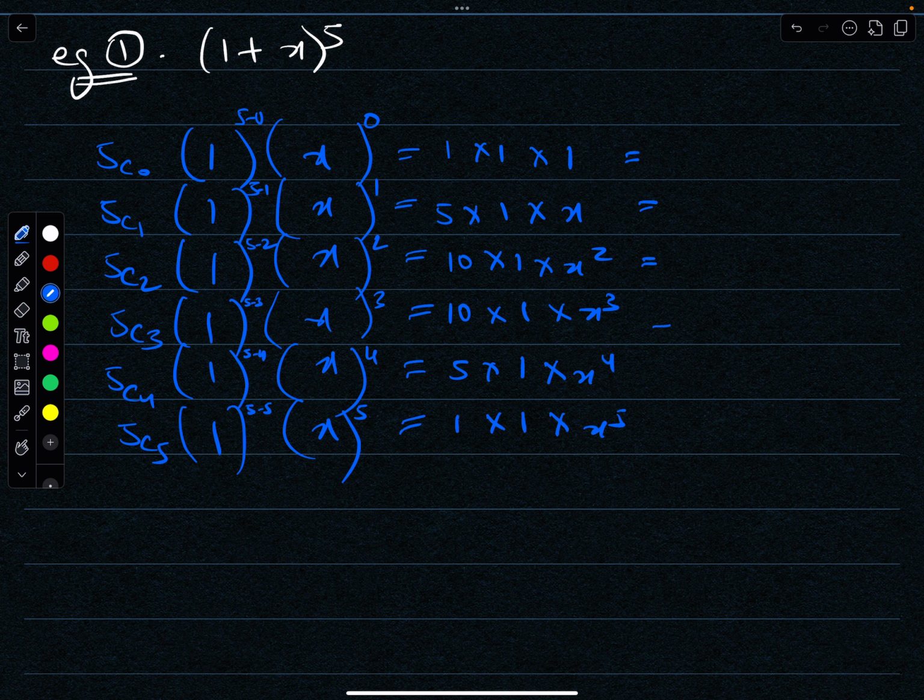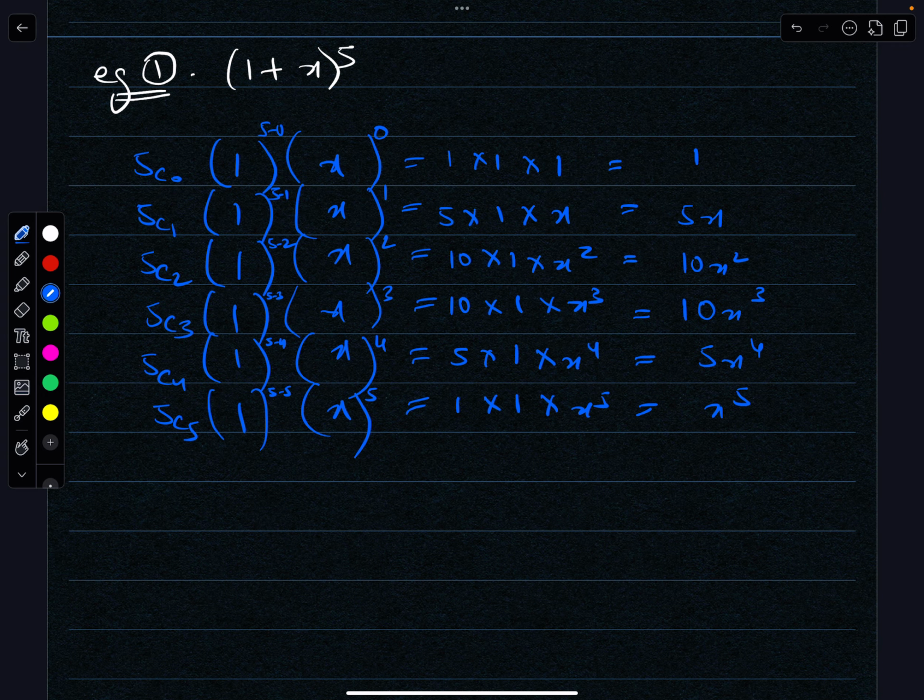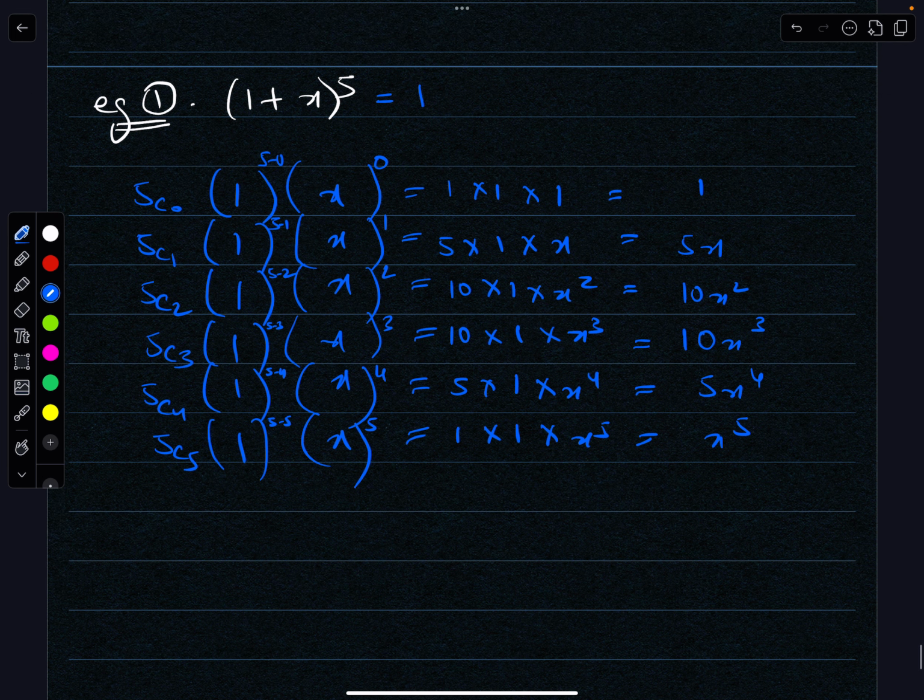My expansion would look something like 1 plus 5x plus 10x squared plus 10x cubed plus 5x to the power 4 and x to the power 5. And this is my expansion.